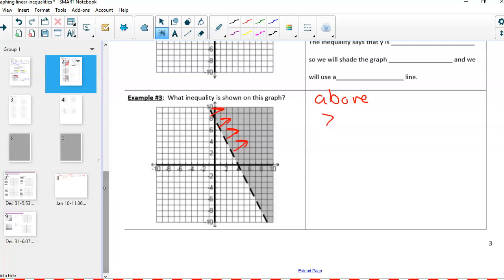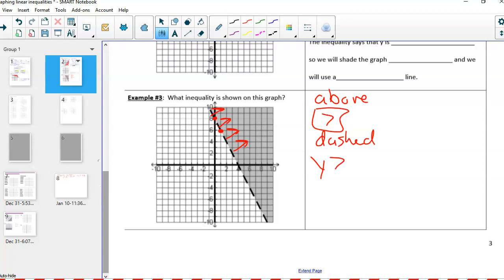Okay, so we know it's greater than. Is this strictly greater than, or is it greater than or equal to? Greater than. How do we know that? Because of the dashed line. So it's just greater than. So right now we know y is greater than, and now we need to find our slope and our y-intercept. So find 2 points on this line to find your slope.